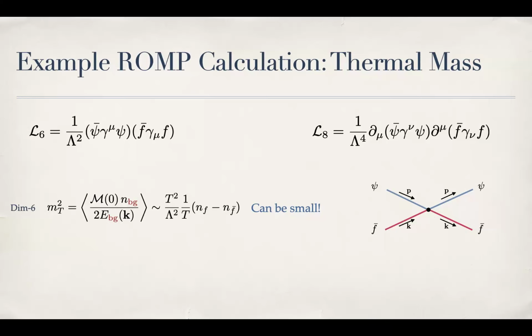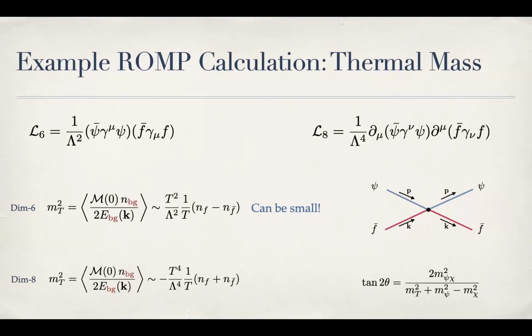And so that's why we need to go to the next order piece, this dimension 8 operator, which may not necessarily be small, even though you think it would be because it's suppressed by lambda squared. Let's look at the forward scattering contribution to psi from this dimension 8 operator. Again, it goes as 1 over lambda to the 4th. To get the right units, I need T to the 4th. My energy in the background is still T, and my number density of background particles is going to go as N_F.